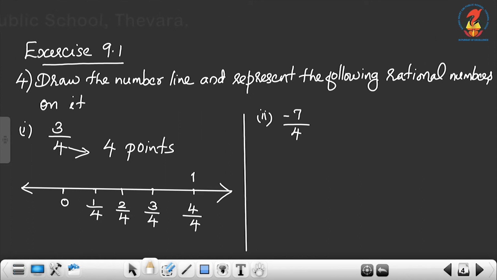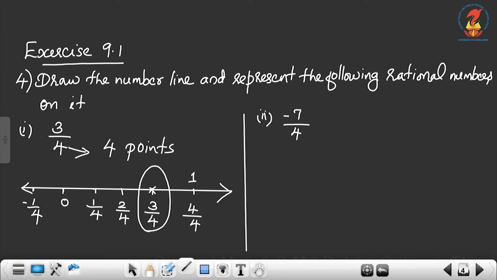So, what is 4 by 4? 4 by 4 is equal to 1. So, the distance between 0 and 1 is divided into 4 equal parts, and we have to select the third part, and the third point will represent the rational number 3 by 4. If you want, on this side also, we can mark some points, and negative 1 by 4.